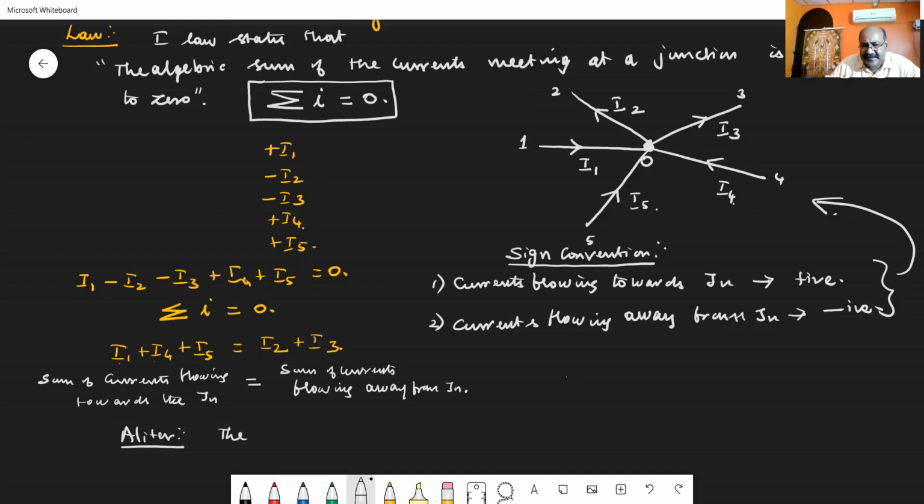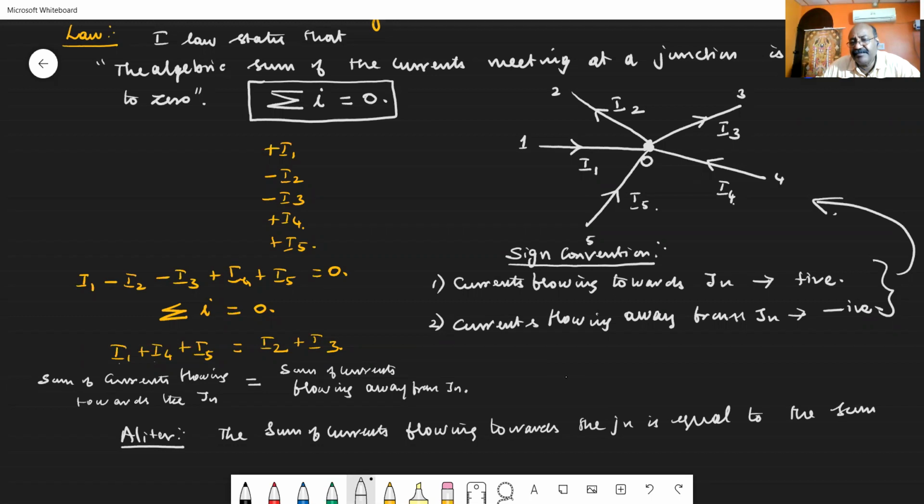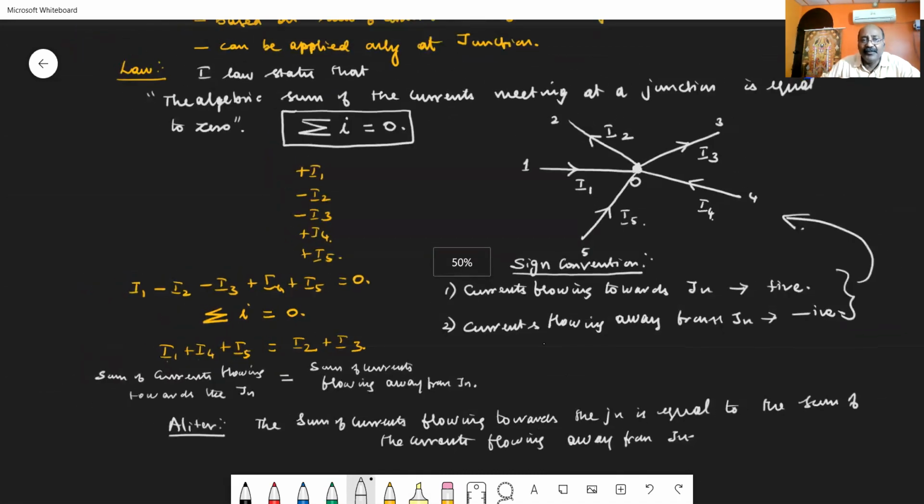That is, the sum of currents flowing towards the junction is equal to the sum of the currents flowing away from the junction. So this we are taking as Kirchhoff's first law. Hope you have understood what I have told here.